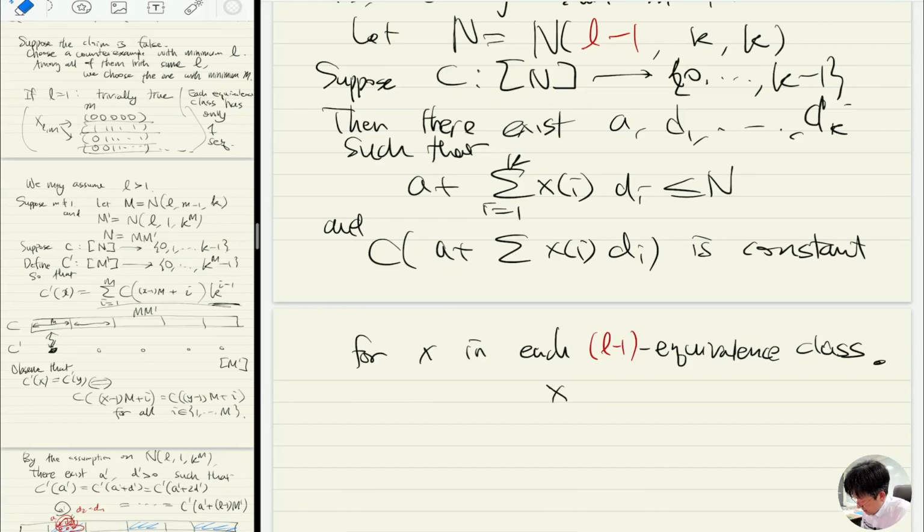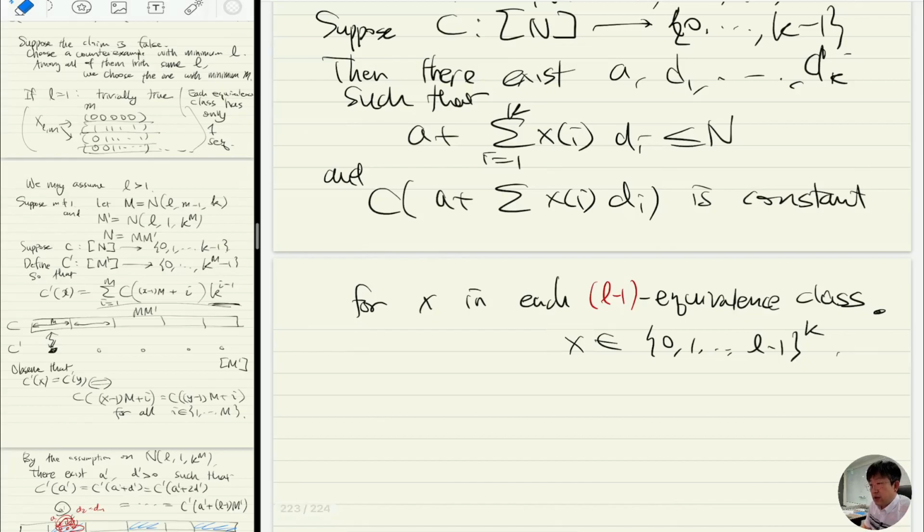Remember, x is numbers from 0 to L minus 1 up to k.